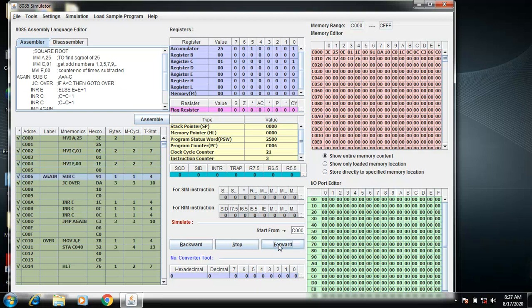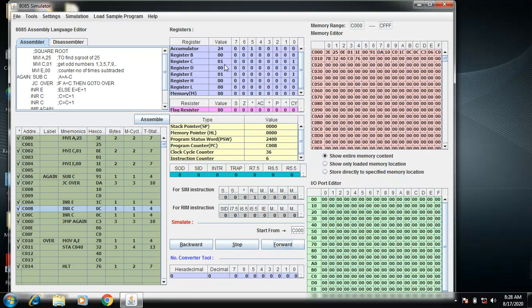The next is SUB C. Because 25 is in the accumulator, A is greater than C, so the condition is false, which means it is subtracted. So the first time, 25 minus 1 is 24. Same thing, E is incremented, 0 to 1.